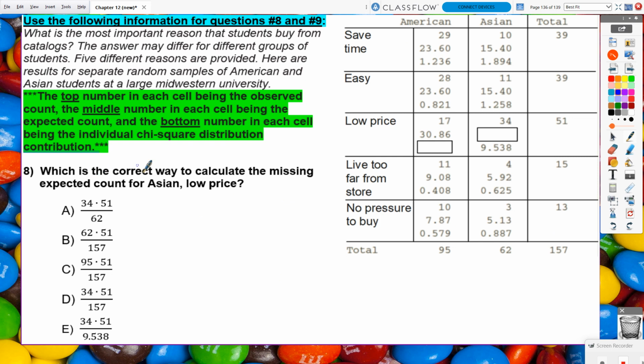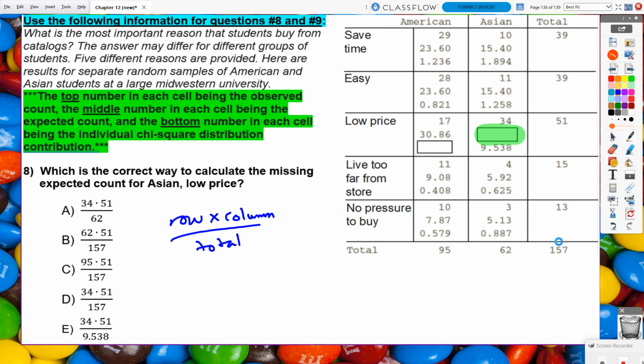Which is the correct way to calculate the missing expected count for Asian low price? So Asian low price, and there is that blank right there. So how would we come up with that specific value? And so really what they're doing here is they're doing the row total times the column total divided by the grand total.